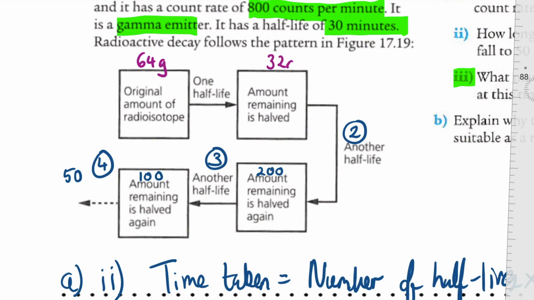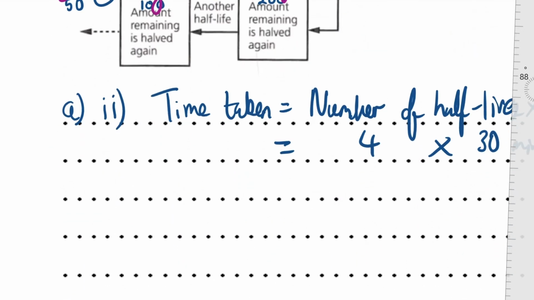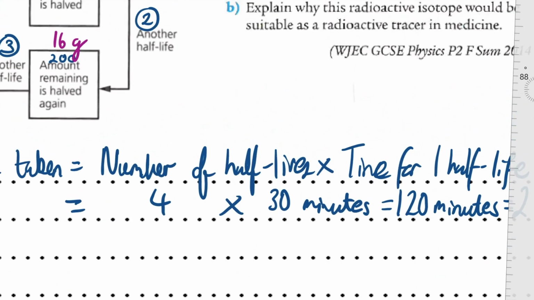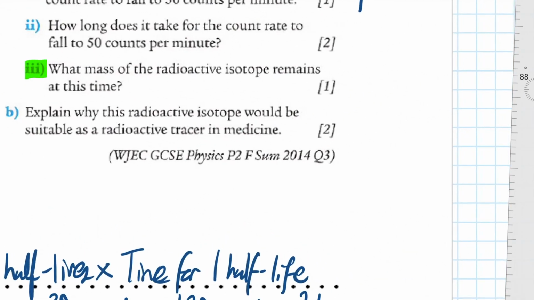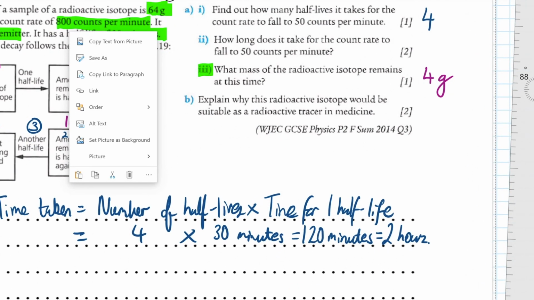Drops to 32 grams after one half-life. 16 grams after 2. 8 grams after 3. And then 4 grams after 4. Okay, so 4 grams would remain.